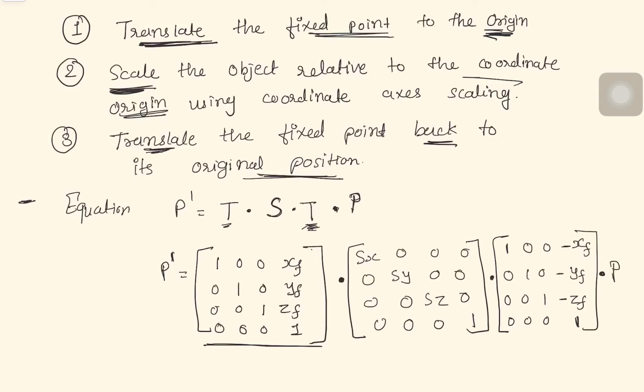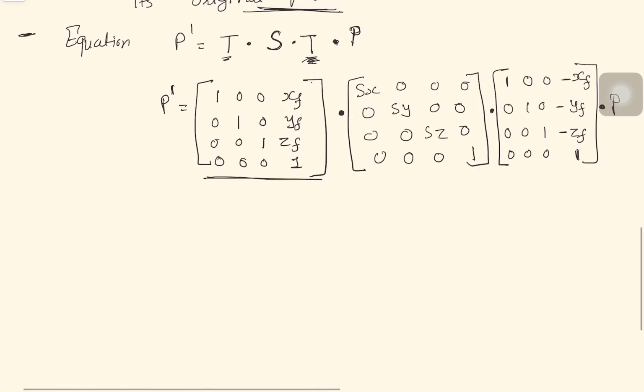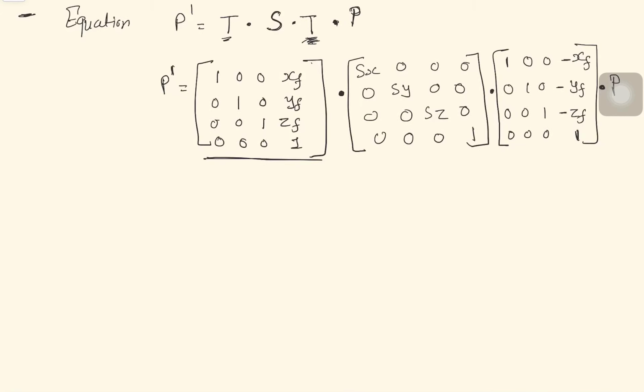So this is our final equation for fixed point scaling, right. Now we have to calculate this matrix one by one. First we have to do T into S, then whatever the answer will be, it will be into T, and finally into point P.